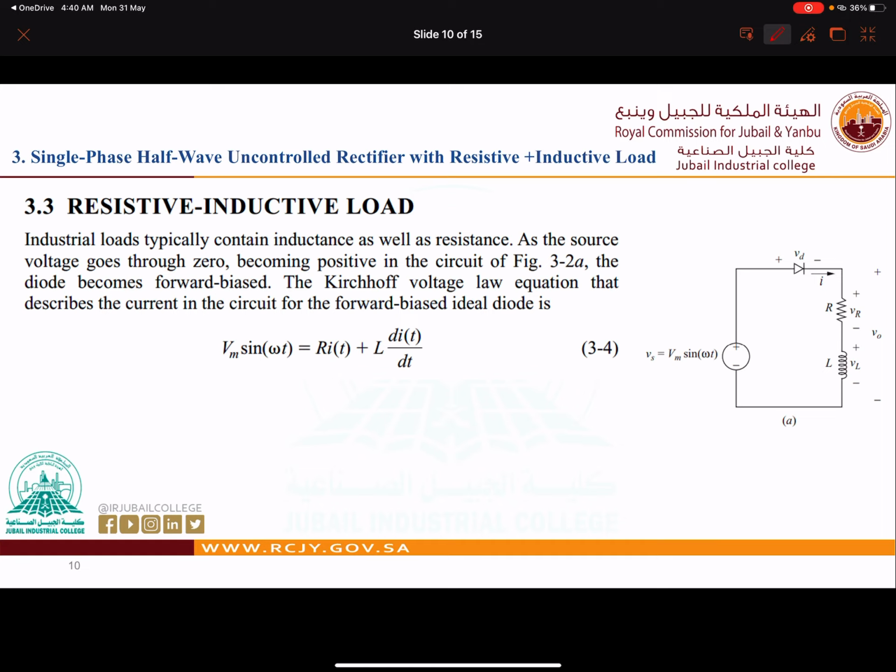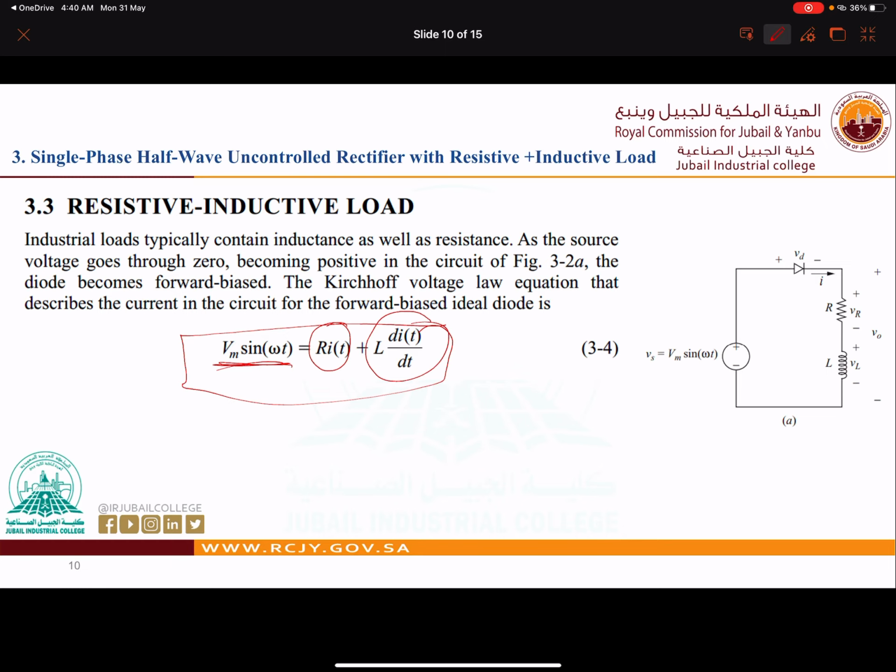That's why we are going to present the half wave rectifier with inductive load, in order to see the output DC voltage and current, and we'll see the effect of the inductive load here. Now from Kirchhoff's voltage law, we know that V maximum, the source, is basically the voltage of the resistive plus the voltage of the inductive.